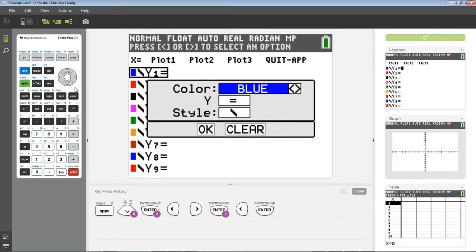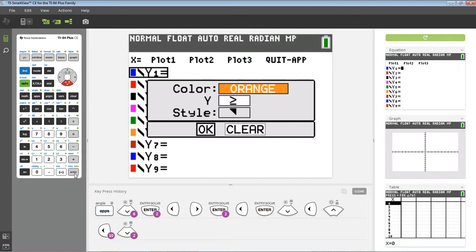Yep. Okay, so for this calculator, we want to go down here and then change this to the symbol greater than or equal to. Okay, it's showing it's going to shade above. Okay, we can actually change the color to more closely match what we actually drew. Let's see if it has an orange. Cool. So we'll go to here, click OK.